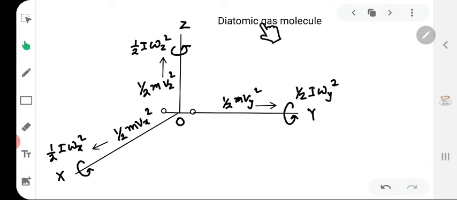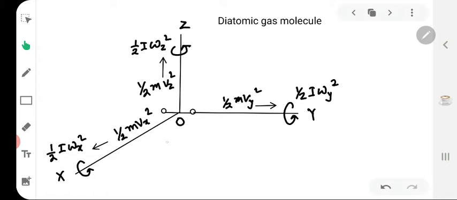Next is diatomic gas molecule. Now refer to this figure where you can see a diatomic gas molecule lying along y-axis. It has a non-zero value of moment of inertia about the axis OX and OZ, but moment of inertia of the molecule about the axis OY will be 0.